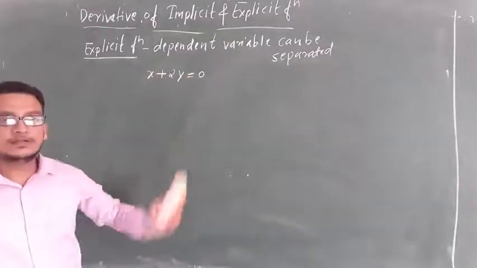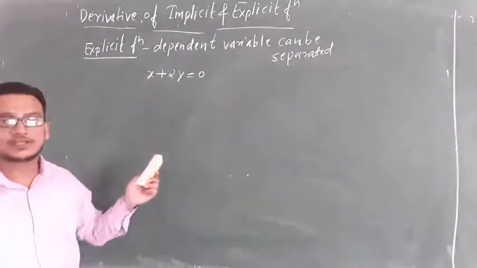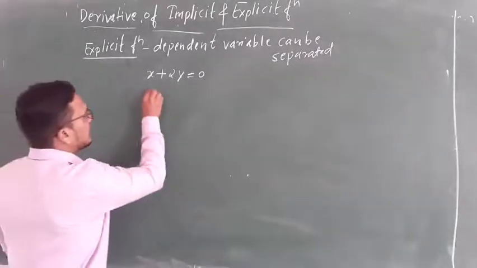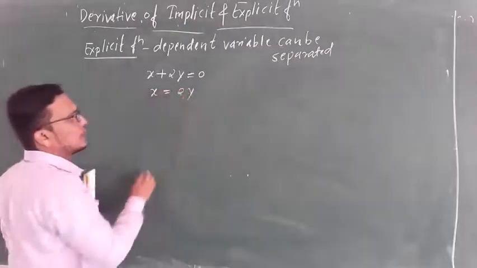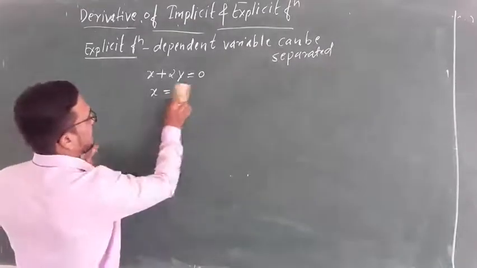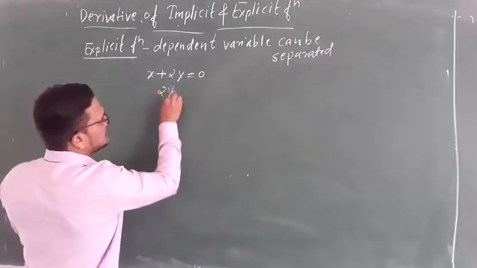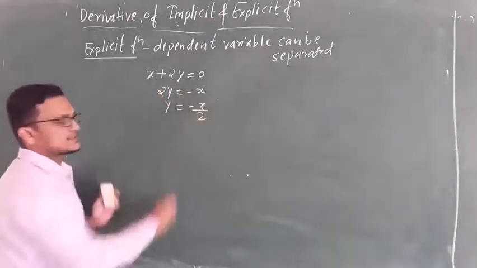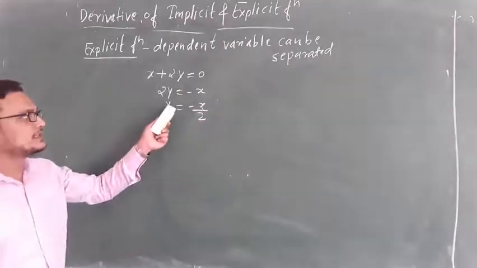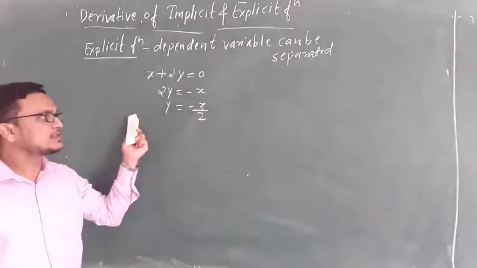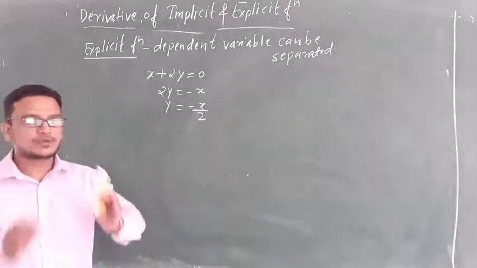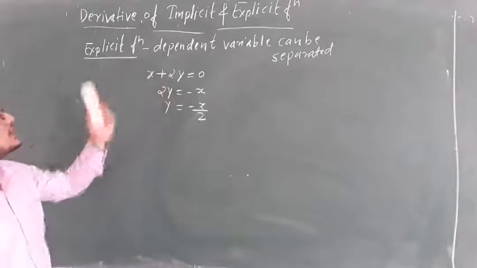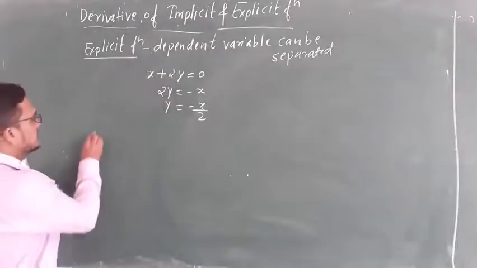In this equation you can separate x at one side and y at one side. Here x is equal to minus 2y, or 2y is equal to minus x, or y is equal to minus x by 2. So y, the dependent variable, is at one side and x at the other, meaning we can separate the dependent variable. Such functions are called explicit functions.